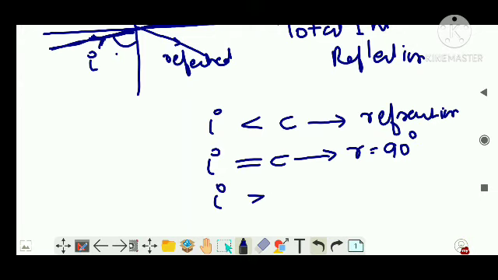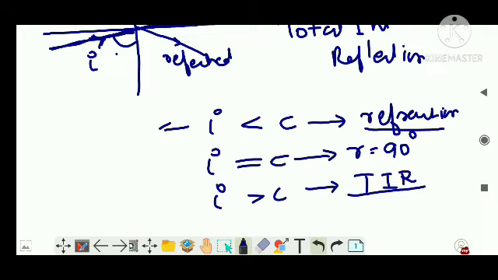When incident angle is greater than critical angle, there is total internal reflection. Clear? There is a short form, TIR, guys. I am just writing it to reduce my time. Clear? Right? This much is clear, right? So here this is refraction, here it is reflection.